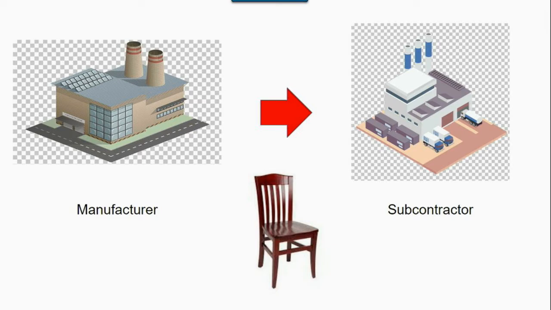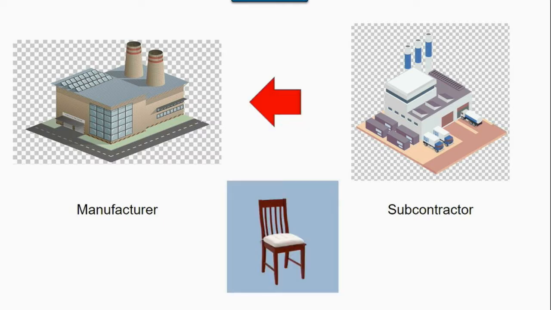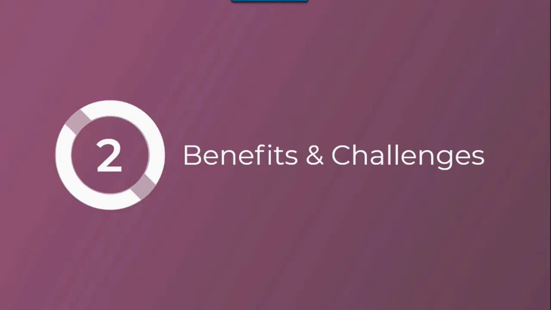So, for example, I would use some wood, put together a wooden chair, send it over to my subcontractor to finish it out, and send back this finished chair that looks exactly the same, trust me. And so they would add the cushion or something like that. This is a very real-life example.